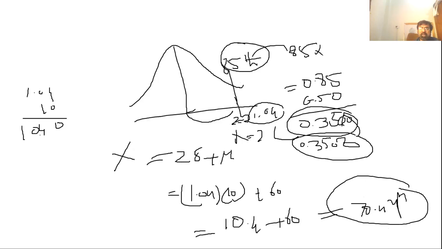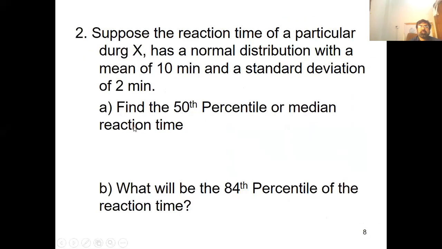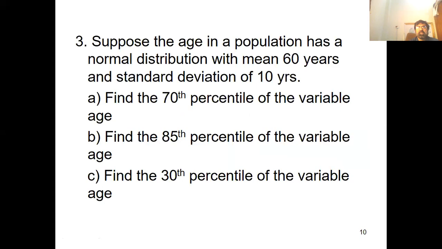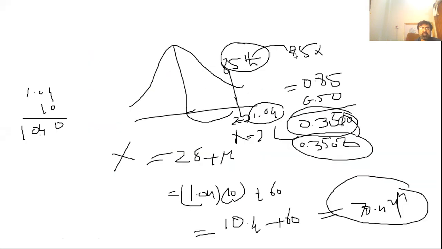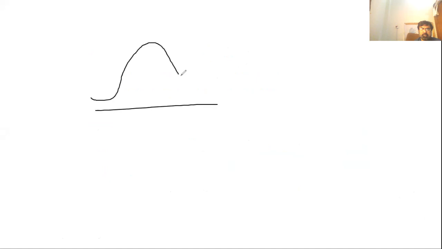And similarly, you can calculate the next one as well, which is 30th percentile. Here the scenario is somehow different because 30th percentile falls below the midline. So we will also do this. Now look at the calculation. 30th percentile will fall somewhere over here. Now what you have to do, here is the 50th percentile.